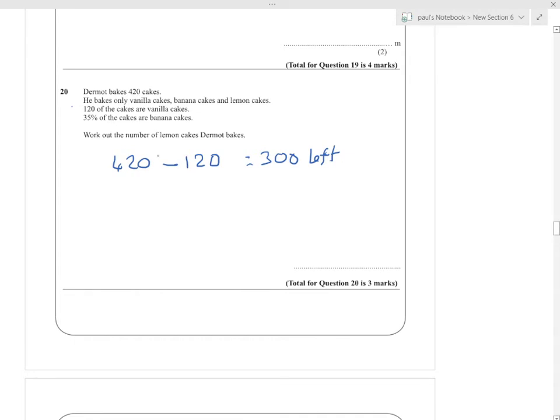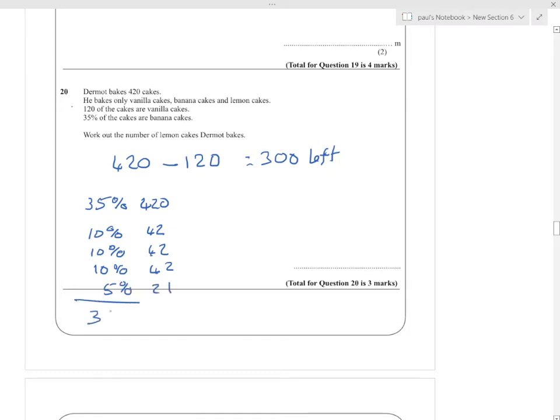So let's have a look. So 35% of 420. I'm going to do it this way. So 10% is 42. Another 10% is 42. Another 10% is 42. And we're going to need another 5%, which is half of that, which is 21.